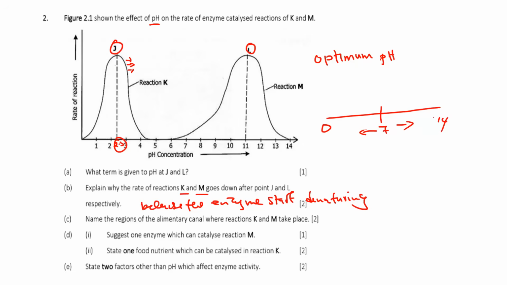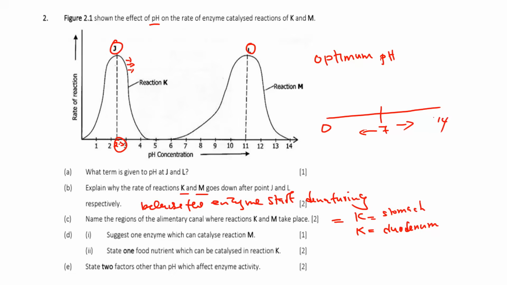So the region of the alimentary canal for K is the stomach, because that is where you find the reaction that takes place at acidic pH. But of course, for M, we can talk of the duodenum. In that region, the reactions occur at alkaline pH. So we have K, the stomach, and M, the duodenum.